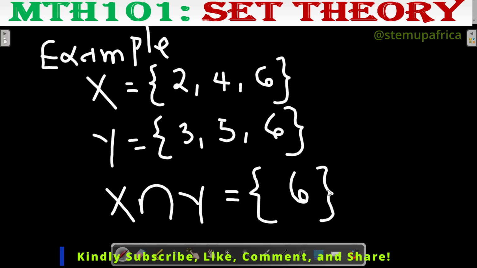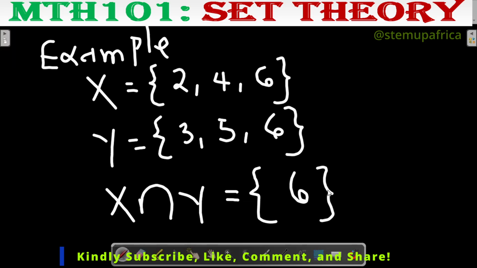It's only when you are asked that you say it's a singleton set. We got the answer in this intersection because X and Y share 6, so X intersection Y is 6.